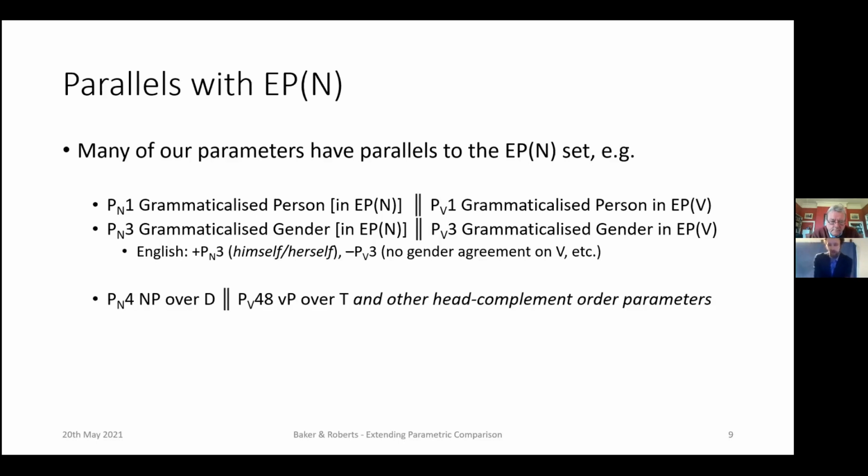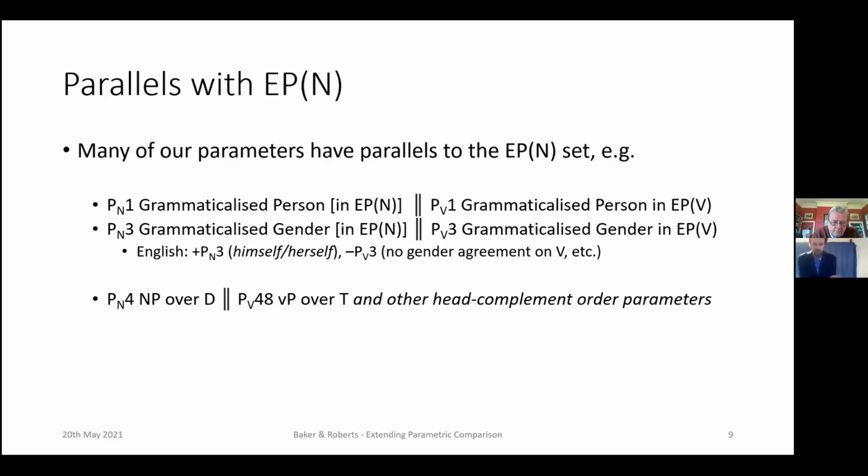Another set of parallels, so Longobardi's team had this parameter MP over D, which is basically concerned with the ordering of the determiner in relation to the rest of the noun phrase. So a positive setting of that is where the determiner follows the MP, and a negative setting is where D precedes the MP.